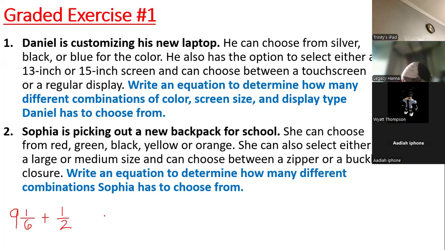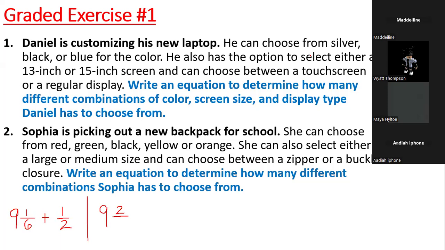Mr. Petit, for number 2, are we just going to say the combinations are like the colors and the zip and the buckle? She can choose either a line. I'm answering number 2.